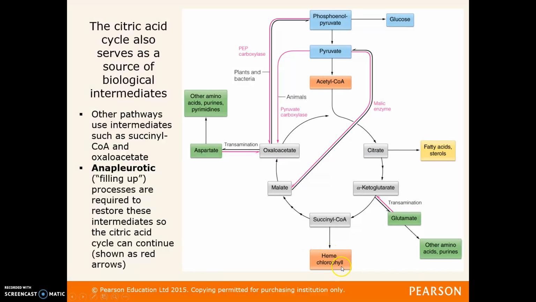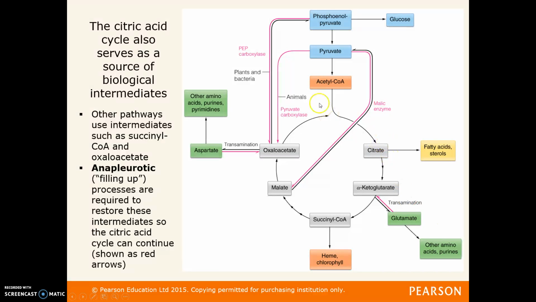It is also the key starting place for a very similar compound that is in chlorophyll, or a very similar ring-like structure that we have in hemoglobin. So there's a lot of other things that this process gleans. So it's not only about energy production, it's about key starting compounds to make other things as well.